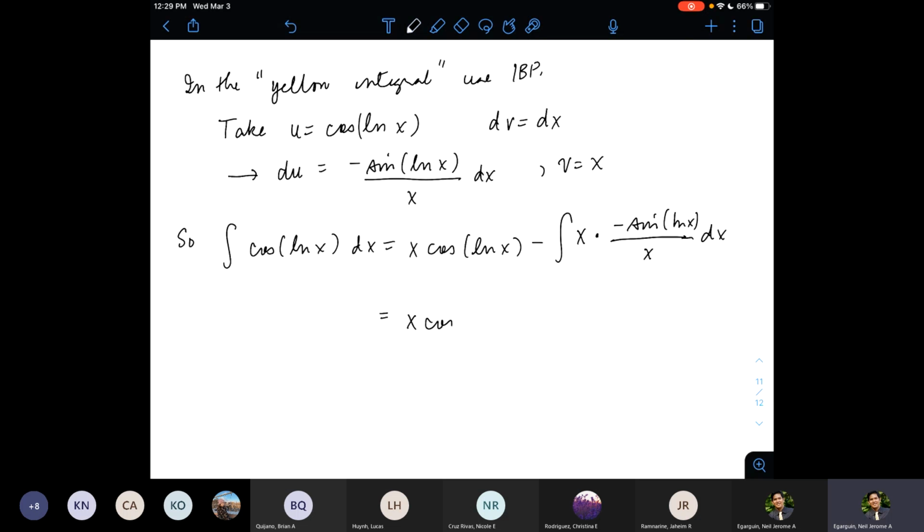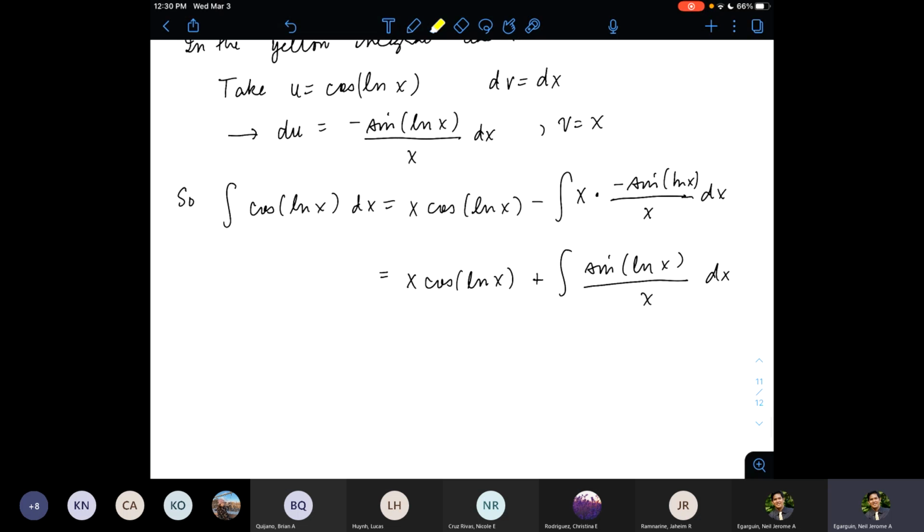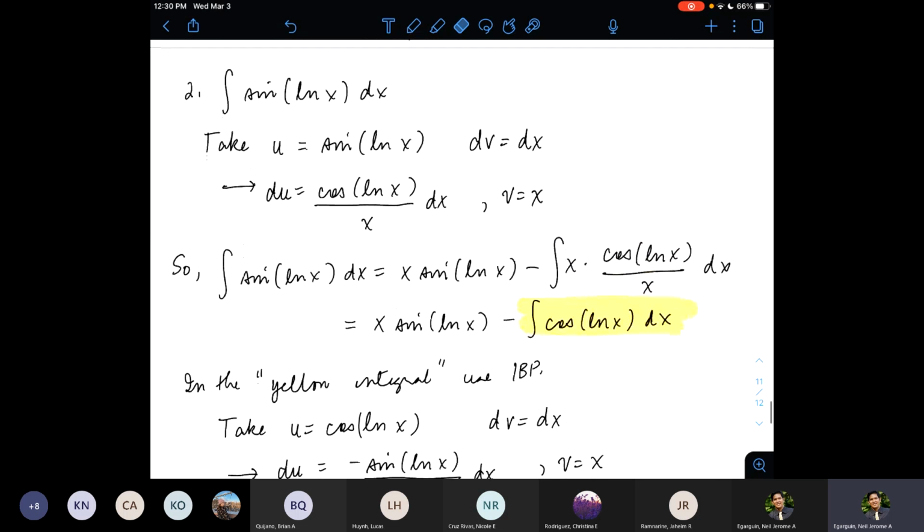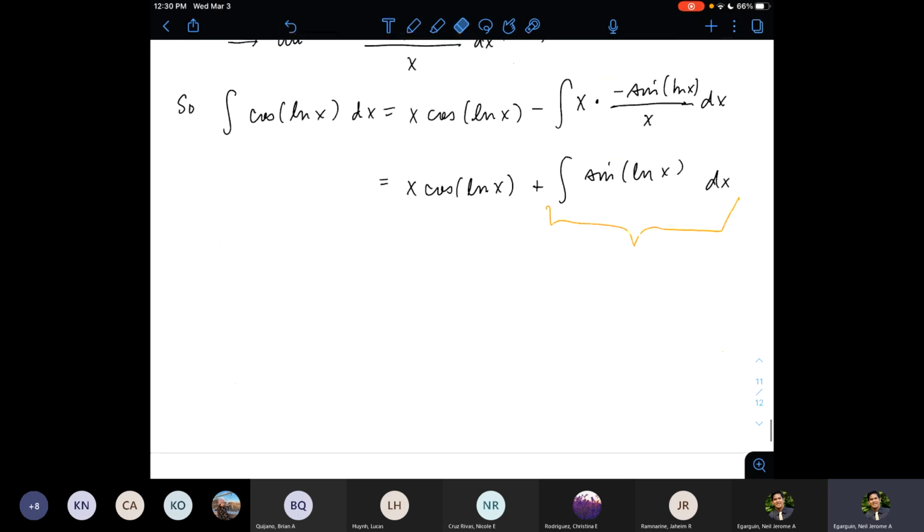When simplified, this turns out to be this. All right. But do you recognize this guy? Sorry, there's no denominator anymore because the x's cancel each other out. This is essentially what we began with, right? You have the integral of sine ln x, which is the original problem.